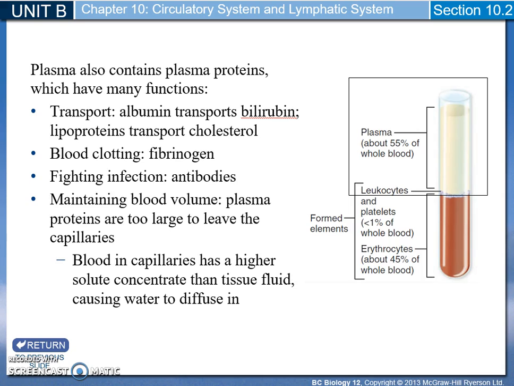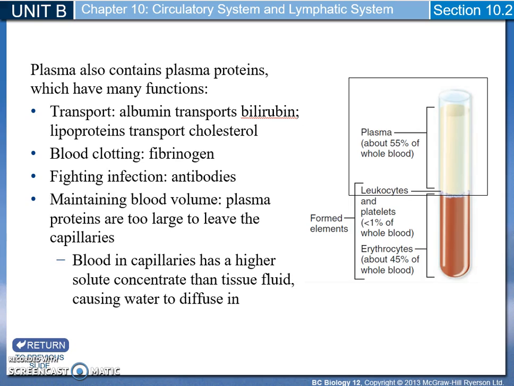So the plasma proteins then, the types of proteins are bilirubin and lipoproteins. They also transport cholesterol throughout the blood. You have the blood clotting protein fibrinogen, also antibodies to help fight infection.